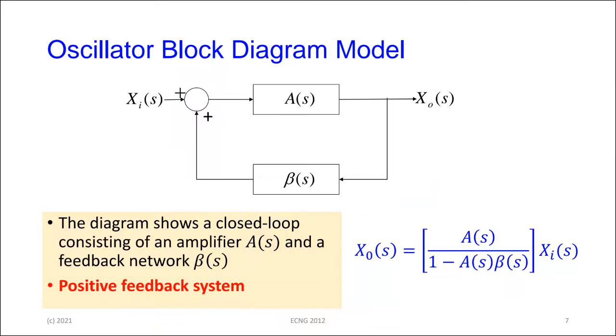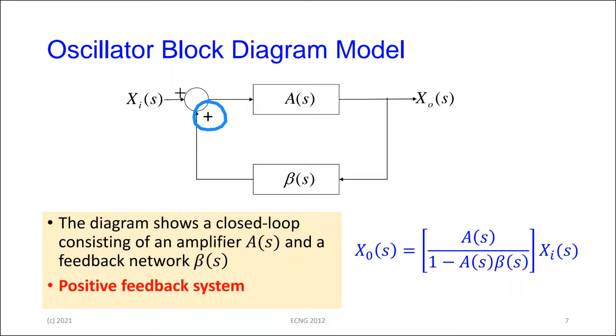The diagram is showing this one, and there's an amplifier now, so the amplifier has a transfer function A(s), and the feedback is a feedback network or another piece of electronics, and it has a transfer function beta(s). And this one now, we have a positive sign. So this is a positive feedback system.